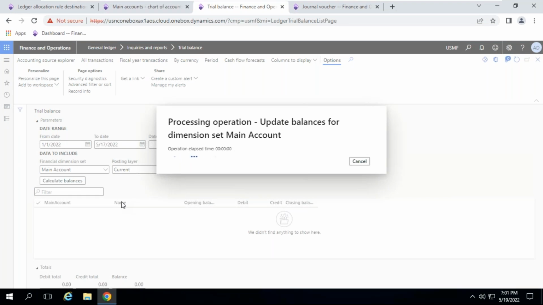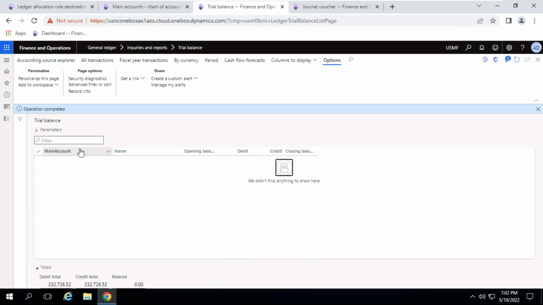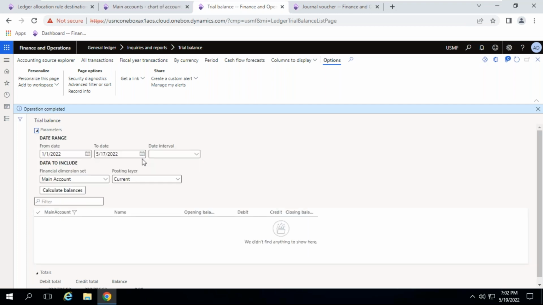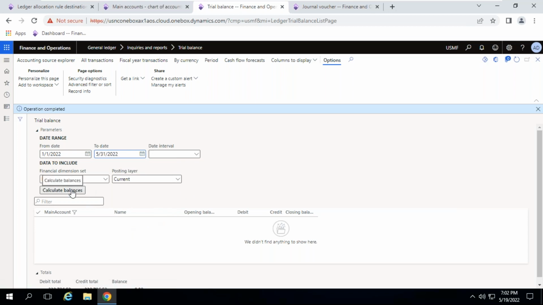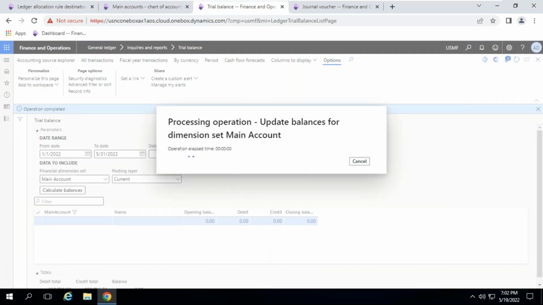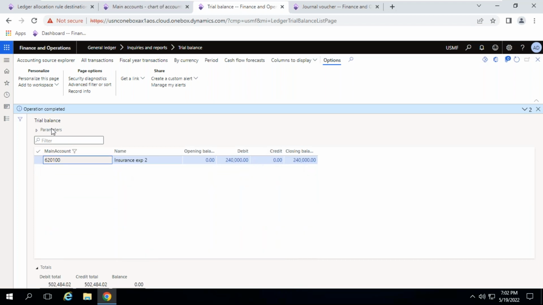So if you filter by this account, it is showing parameters. 1 second. It is up to yesterday. It is mistake. This one, then click calculate. If you filter by this account now, today it was posted some expenses is 2,40,000.